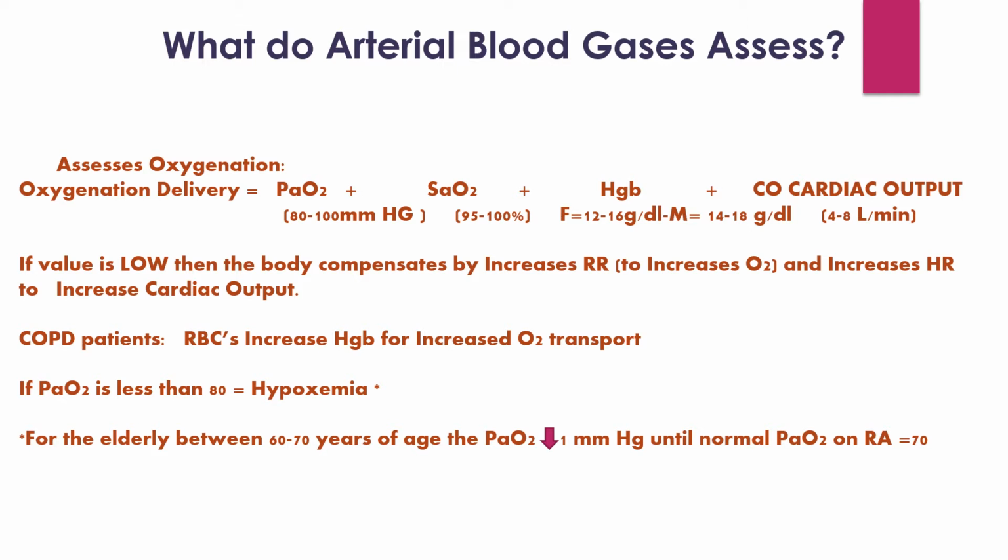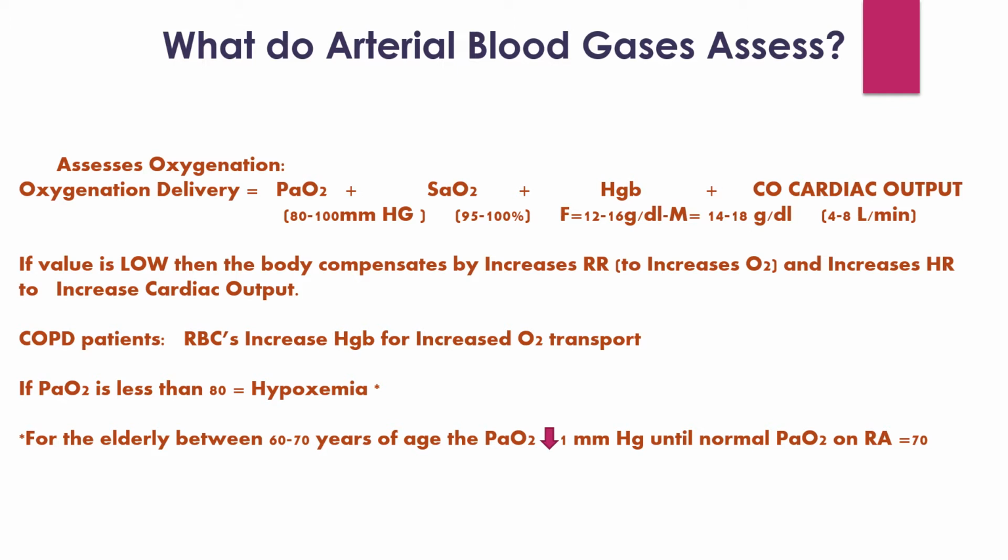Your SaO2, your oxygen sat that we do during vital signs, is normally 95 to 100. Your hemoglobin for females is 12 to 16 grams per deciliter, and for males it's 14 to 18 grams per deciliter. And then we have cardiac output, which should be between 4 and 8 liters per minute.